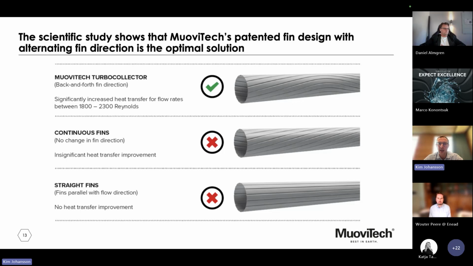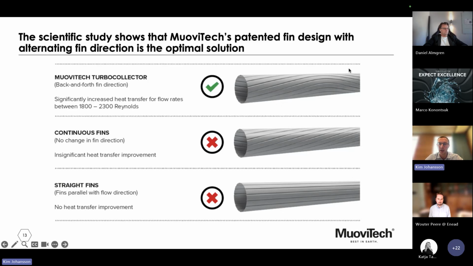And that had some slightly better results than a completely smooth pipe, but it quickly became laminar at quite high Reynolds number. And the reason for this is that when the fluid goes through this pipe with the fins in one direction, eventually the fluid would start to follow the fins, but in a laminar state. So what you need is something that quickly interrupts this flow and breaks up these laminar layers.